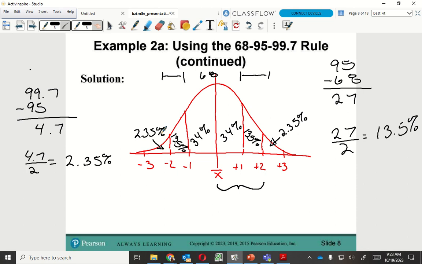Okay, so for all this right here, we're going to go for the last little bit, which is outside that, which is my 100% minus my 99.7, which is going to be 0.3. 0.3 divided by 2 is going to be 0.15%.